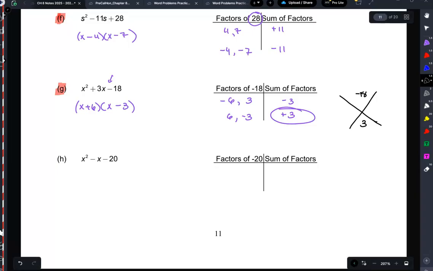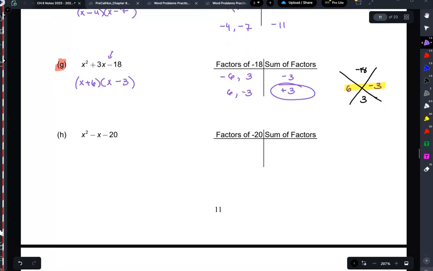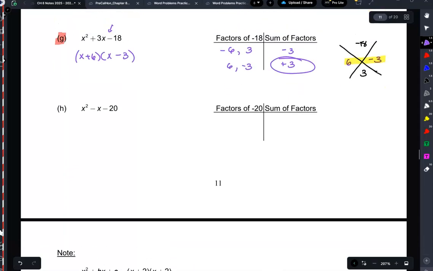So it'll be 6 and negative 3. It's the same sort of thing, but arranged differently. So you can use whichever one you want, okay? So these two multiply to negative 18. They add to 3. 6 plus negative 3 is 3. Oh, I see. Okay, so look at this one.